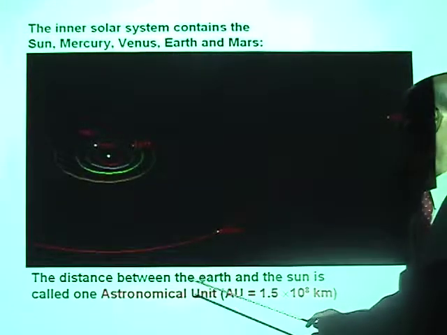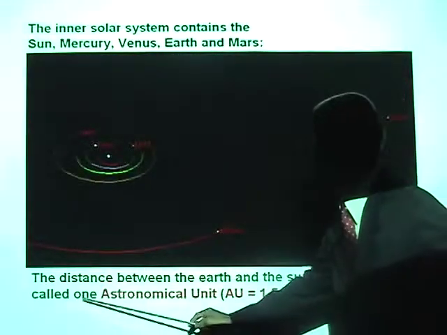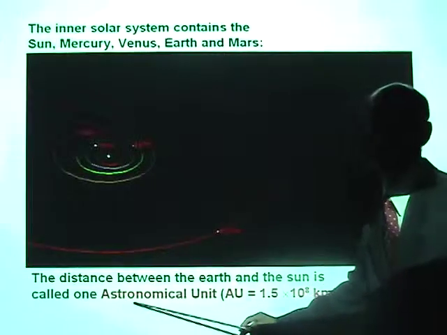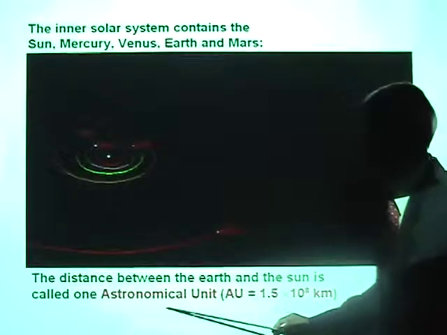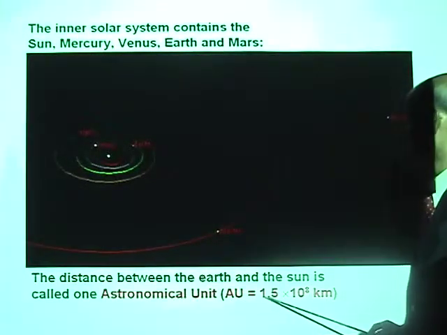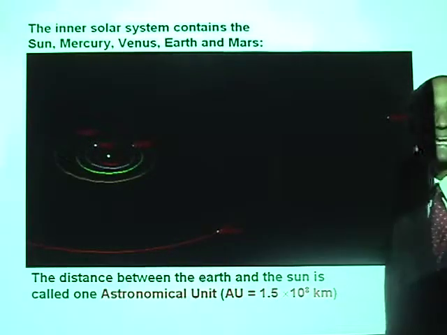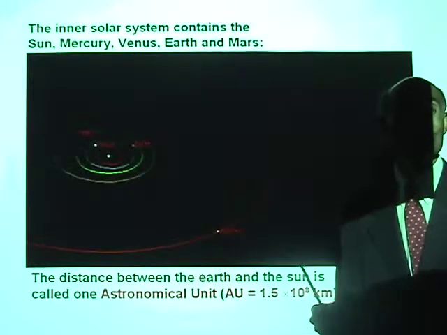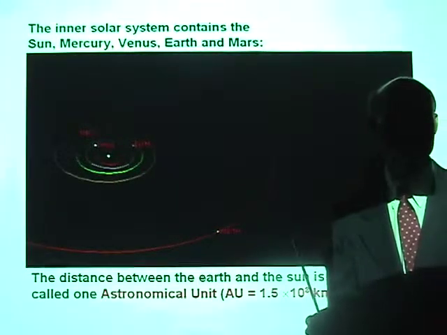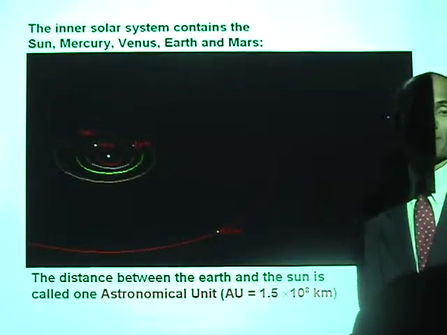The distance between the Earth and the Sun, this is something that I would like you to remember. It is 1.5 times 10 to the 8 kilometers, which is 150 million kilometers.